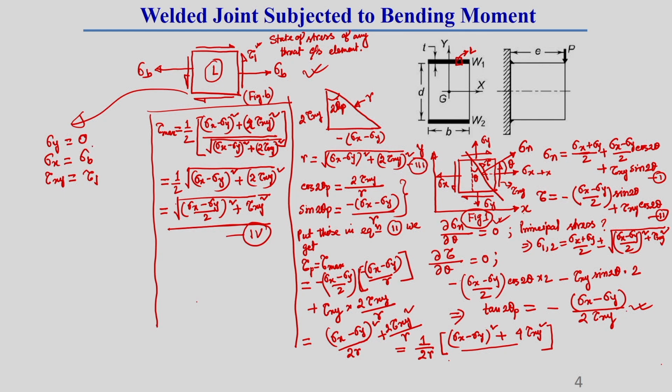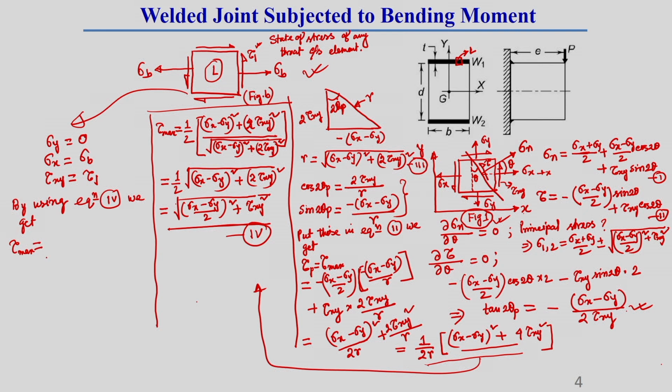Putting sigma y equal to 0, sigma x equal to sigma b and tau xy equal to tau 1, by using equation 4, we get tau max, or you can say tau resultant, the maximum resultant, equal to the square root of (sigma b minus 0, divided by 2) whole square plus tau 1 whole square.